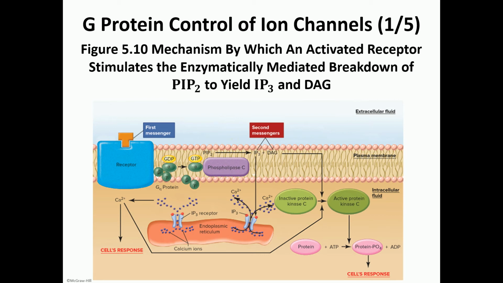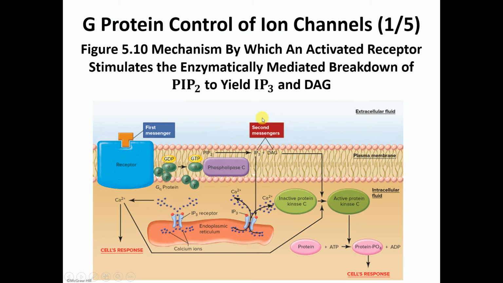PIP2 stands for phosphatidyl inositol biphosphate. PIP2 is a phospholipid that is normally found within our cell membrane. Activation of phospholipase C will convert PIP2 into IP3 and DAG. IP3 stands for inositol triphosphate, and DAG stands for diacylglycerol.